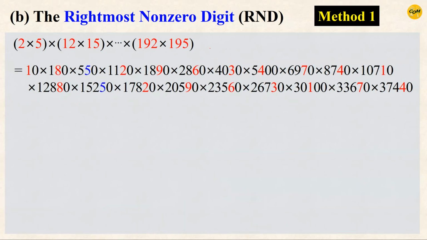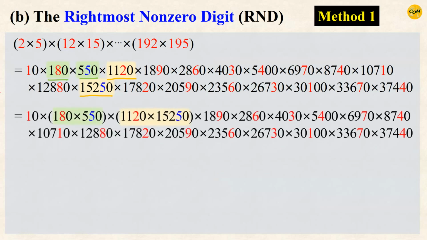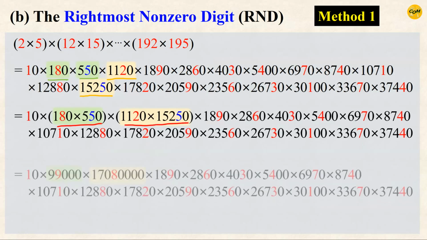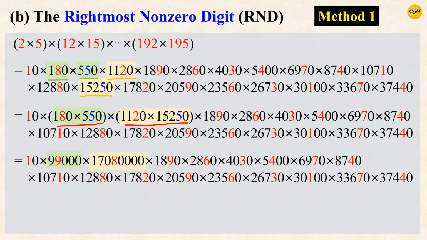So what we actually have to do here is, let us pair this 550 with an even RND number 180, and let us pair this 15,250 with another even RND number 1,120. So we have this. And for each parenthesis, we perform another full multiplication. So now we don't have any rightmost non-zero digits of 5.